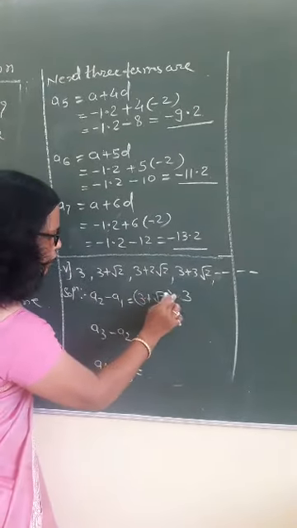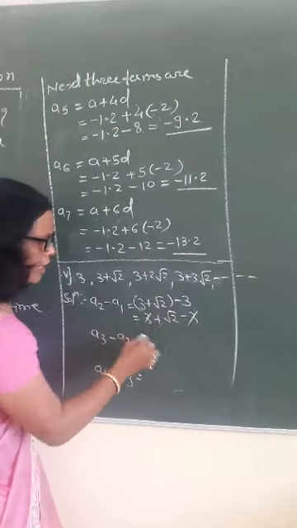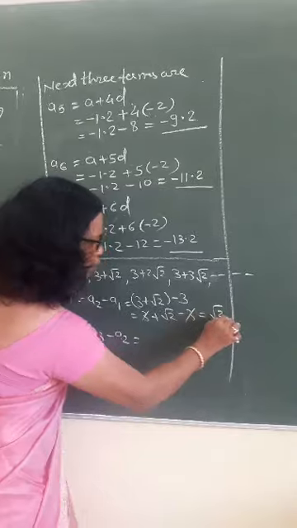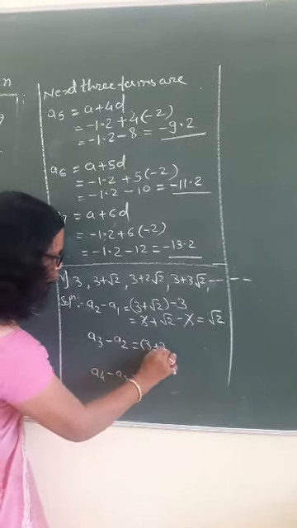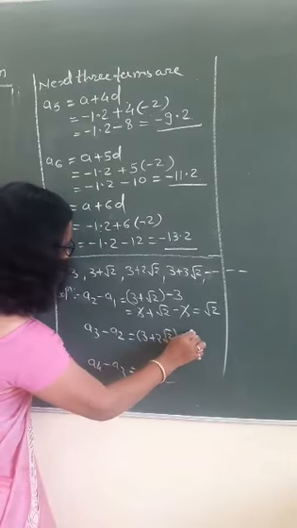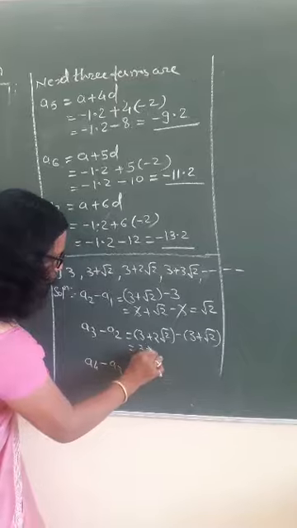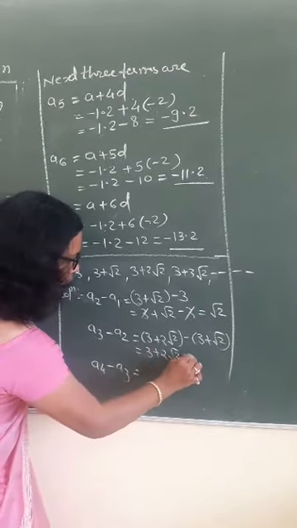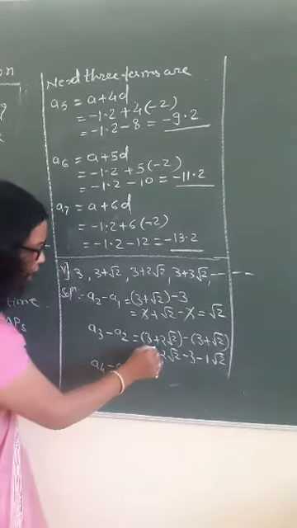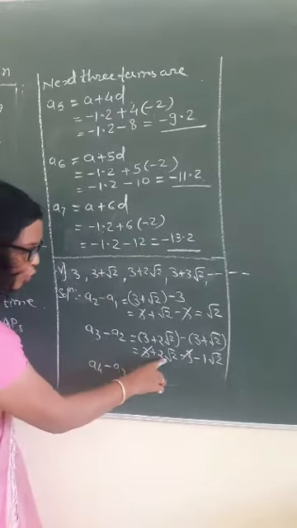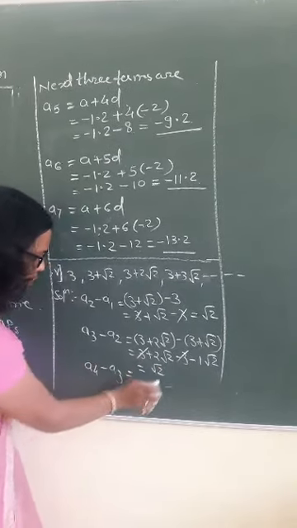The 3 cancels and we get root 2. Next A3 minus A2. A3 is 3 plus 2 root 2 minus the bracket 3 plus root 2. Again we open the bracket: 3 plus 2 root 2 minus 3 minus 1 root 2. The 3 cancels. 2 root 2 minus 1 root 2 is nothing but root 2.